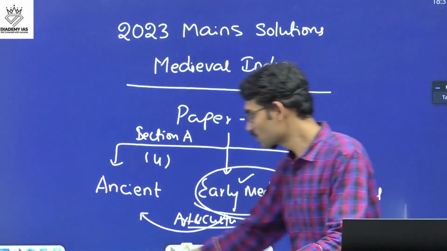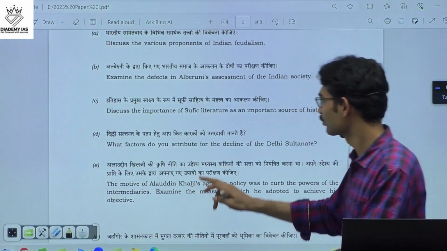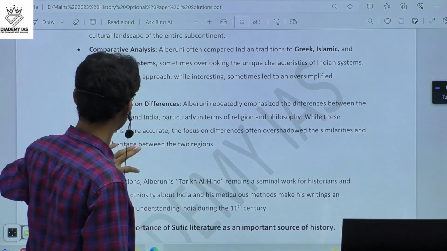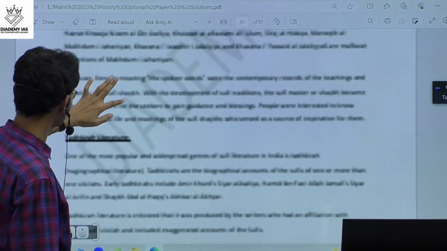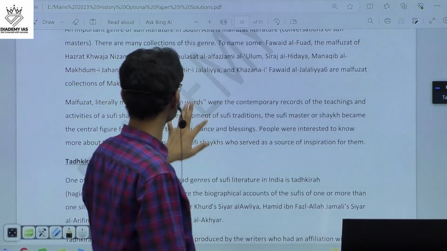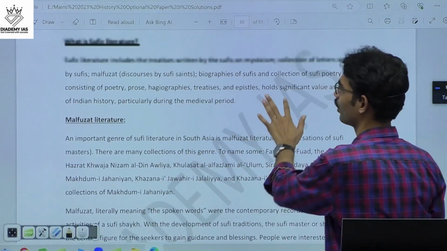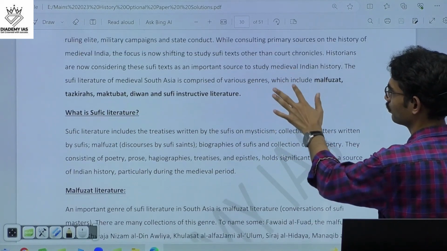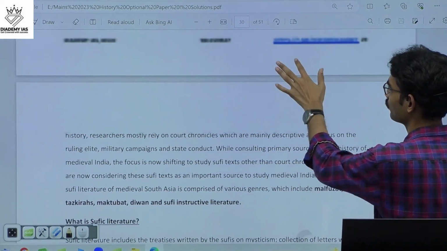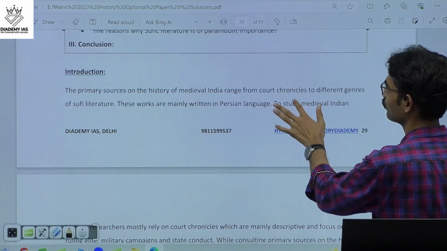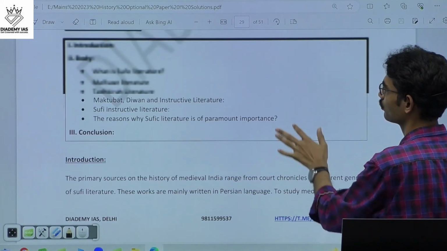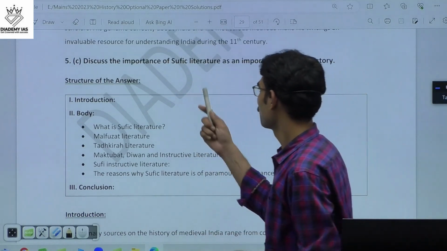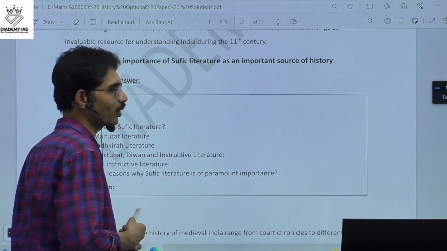Now come to this Sufic literature. Discuss the importance of Sufic literature. Now when it comes to importance, the importance of Sufic literature as an important source of history.